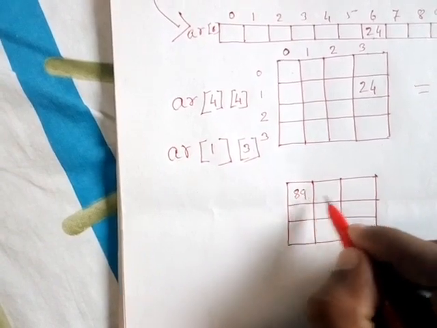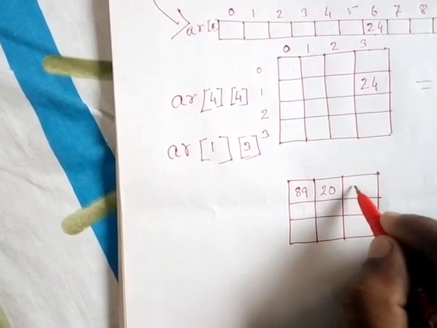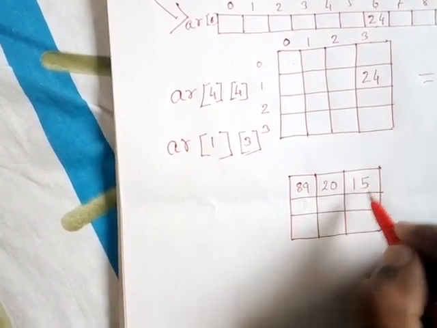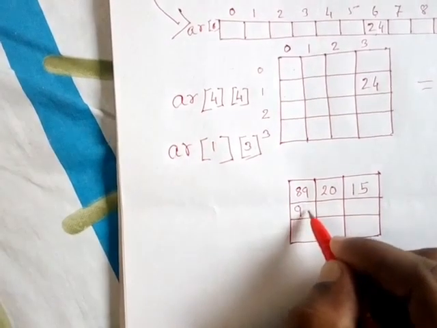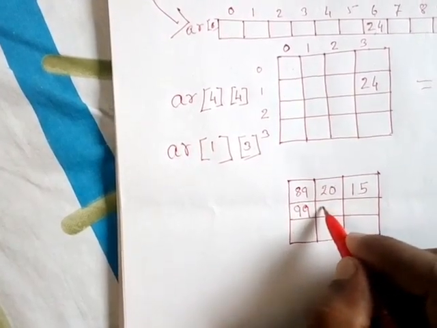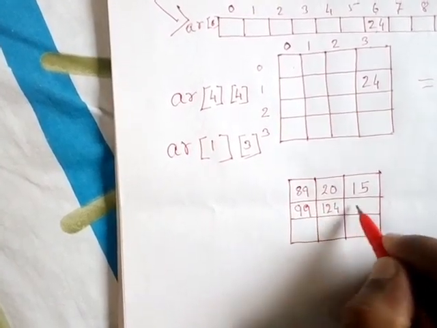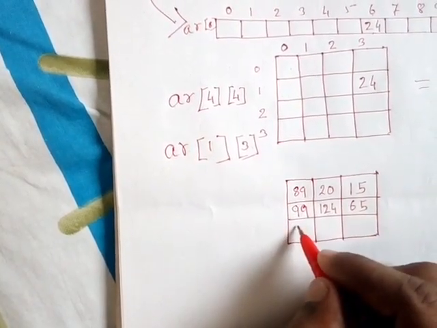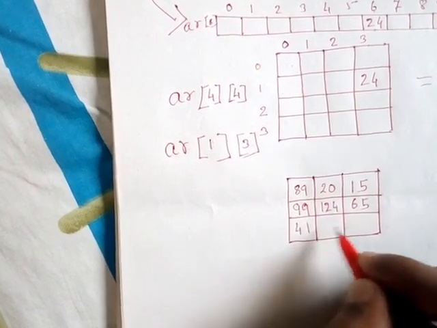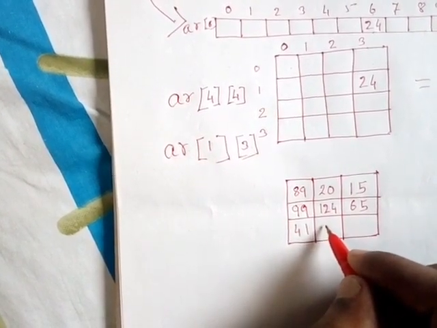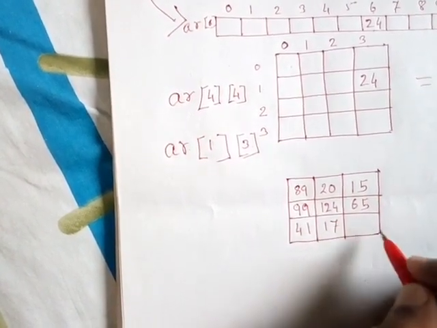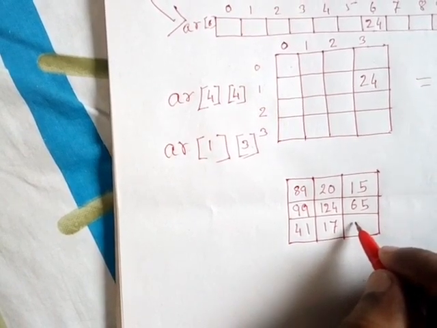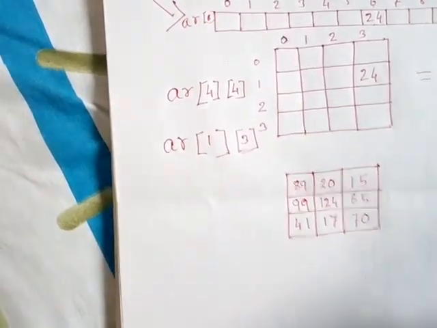Suppose I am writing the values: 89, 20, 15, 99, 124, 65, 41, 17, 70.